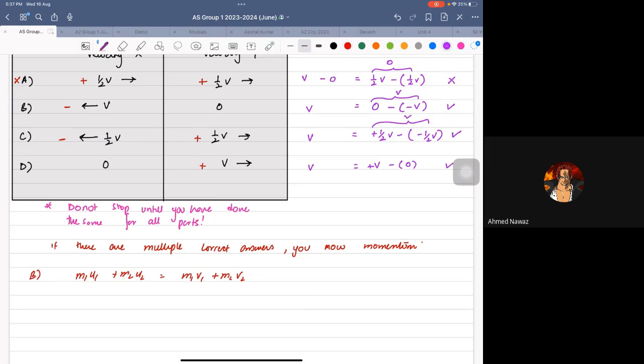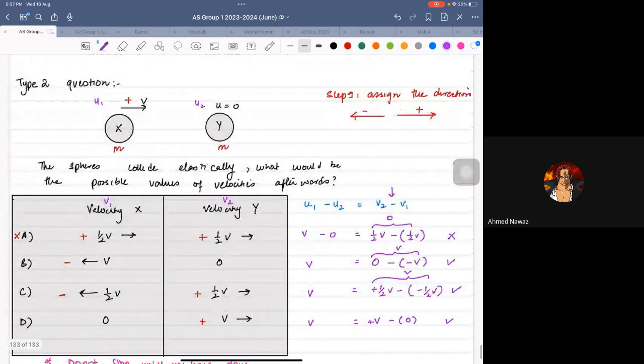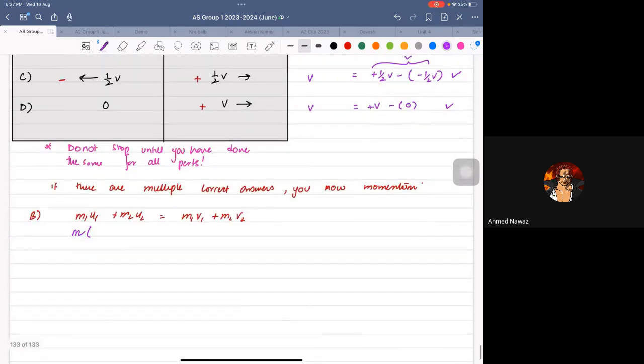The first sphere has mass m and speed v. The second one has mass m, no speed. So whether it's part C or D, on the left-hand side it will always be mv because the left side is fixed. The other side must also be mv for the part to be correct.